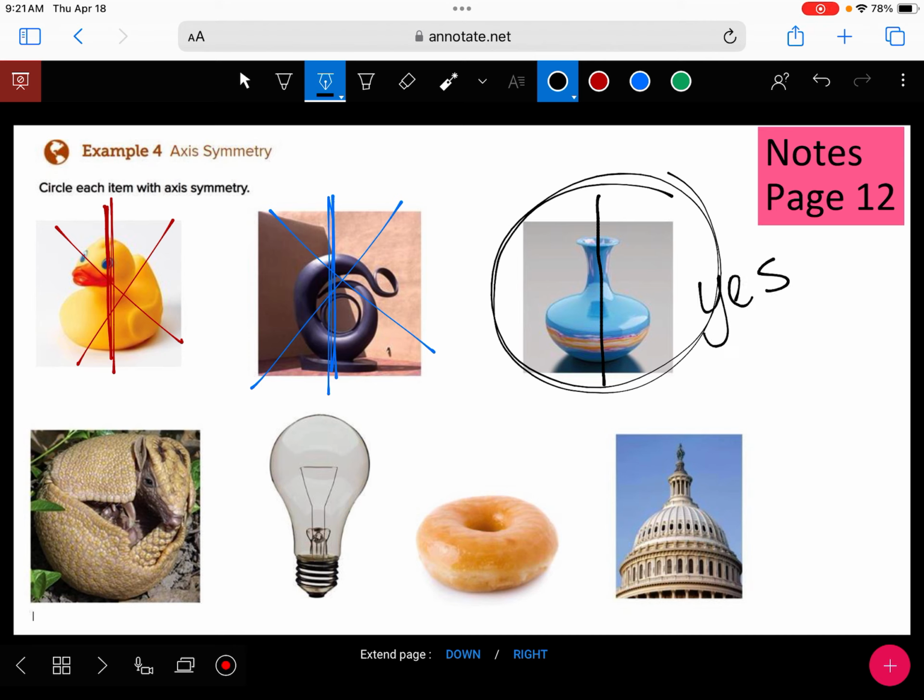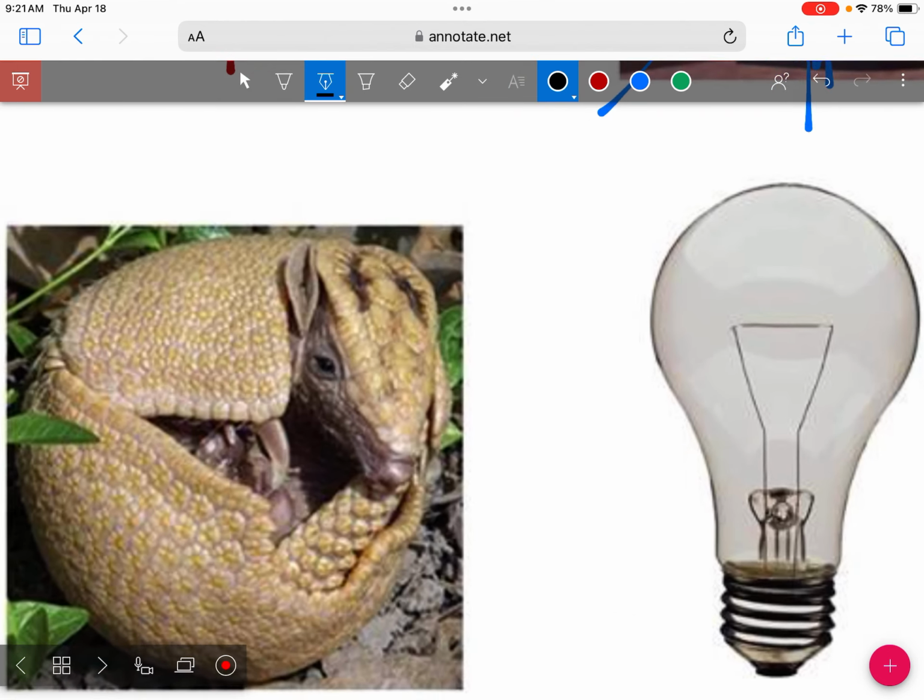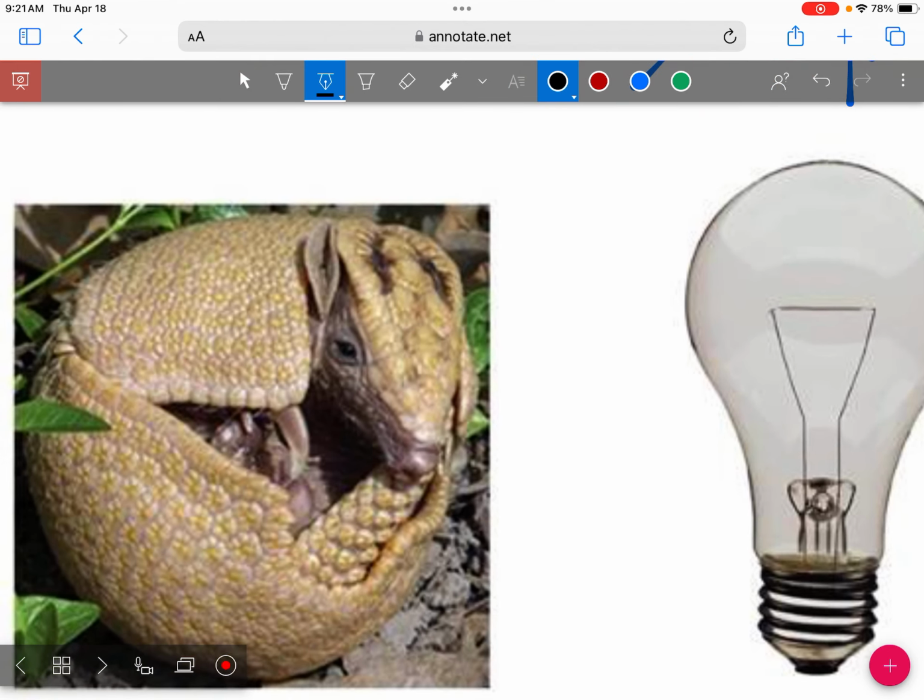Is that a snake? An armadillo. That is very interesting. Does that armadillo have symmetry? No. It doesn't matter if I cut him across this way, he's not symmetrical. Or if I go up and down, it's still a no.